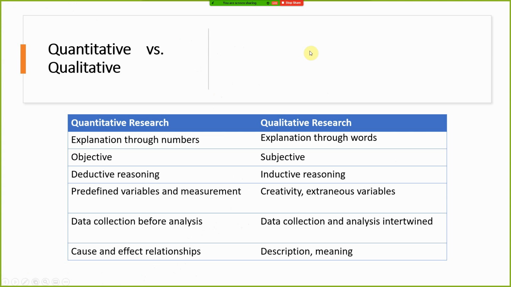Now, how does quantitative research compare to qualitative research? Before I get down to the differences, let me give you an example. For instance, if I ask you a question, rate your level of satisfaction with the university that you last studied in from 1 to 10.